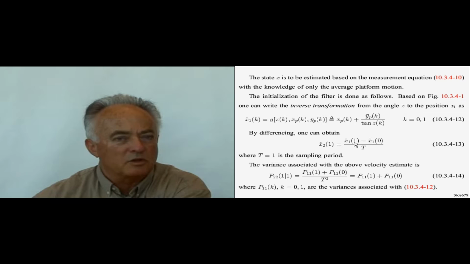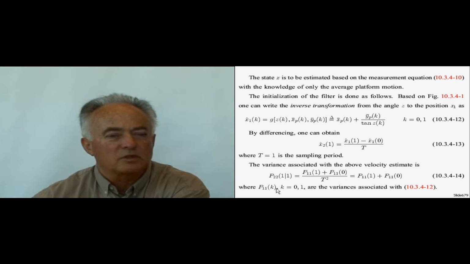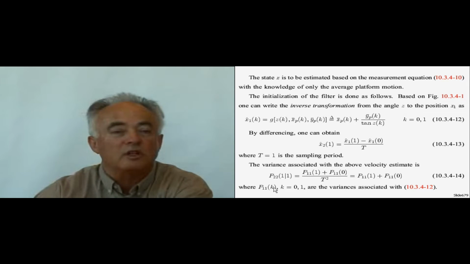Remember, even though this is a difference, when it comes to errors, the variances will add up, divided by T squared, which, because T is 1, is given only by the numerator. So what we have now are these two position estimation variances based on inverting our nonlinear measurement equation.